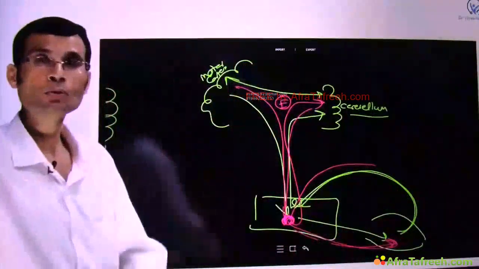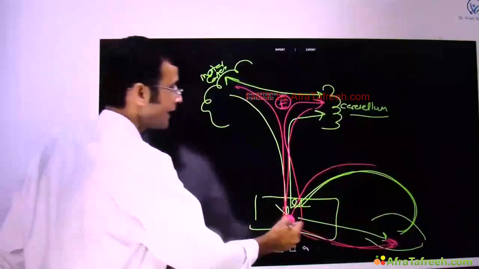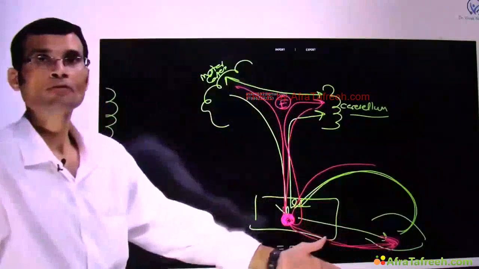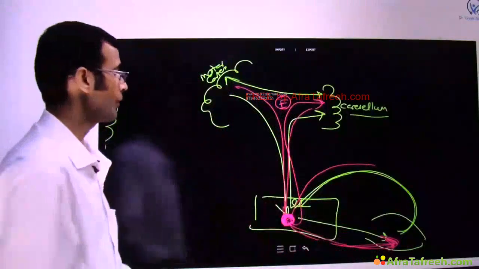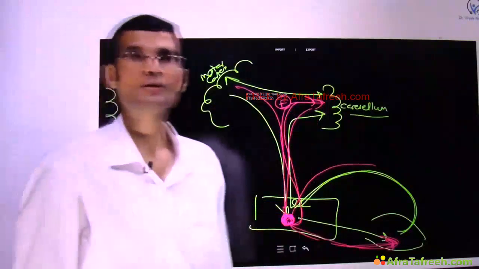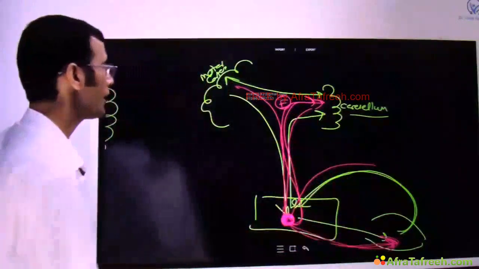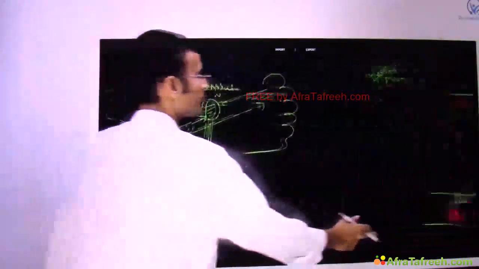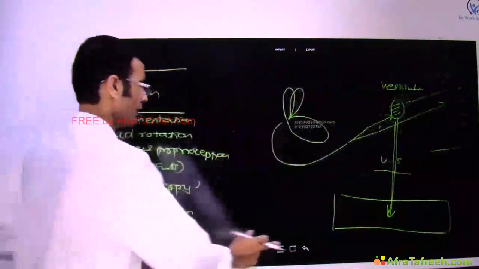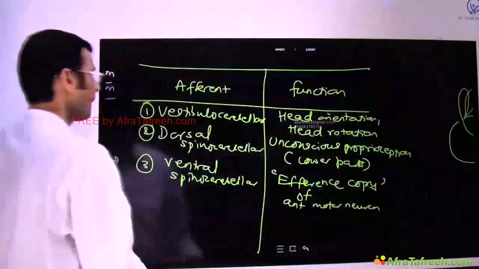And the cerebellum knows what the anterior motor neuron is going to tell the muscle to perform, to contract. A copy of that goes back into the cerebellum. That's the efference copy of the anterior motor neuron, so that the cerebellum can take the decisions accordingly and perform the movements very, very smoothly and precisely.